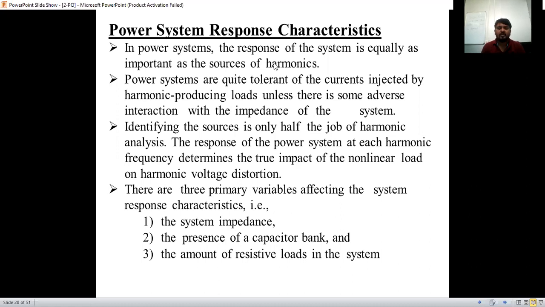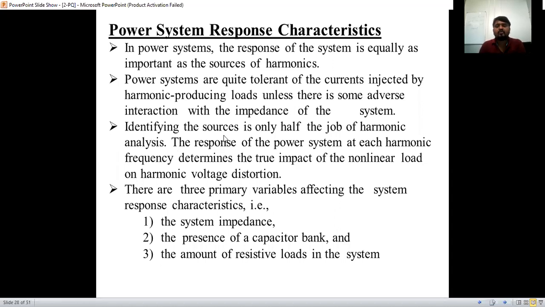We already know that impedance and current are inversely proportional, so that will affect the impedance of the system. That is the primary variable affecting it, the system impedance.